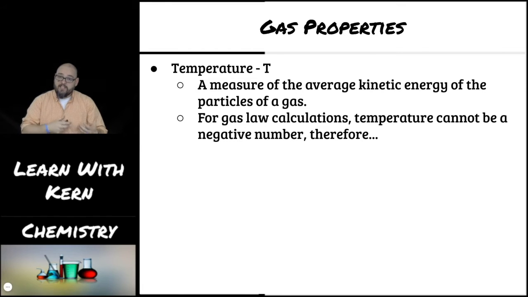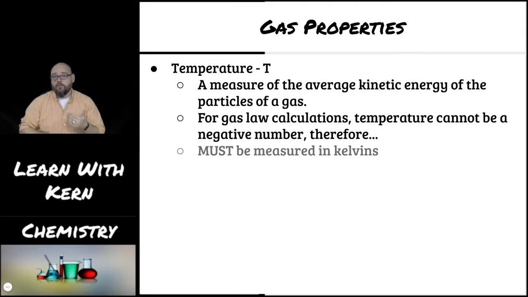So because temperature cannot be a negative number in our calculations, we have to use kelvins, because the Kelvin temperature scale cannot be negative. This is one of the reasons why the Kelvin temperature scale was developed: to make the math work out a whole lot better and fit the data that we were collecting in labs.